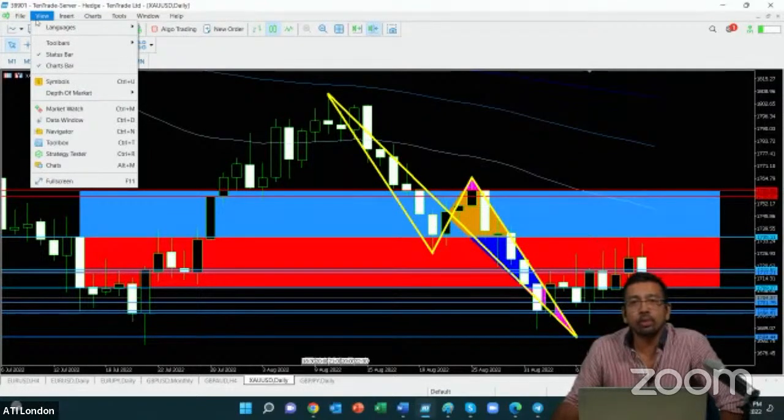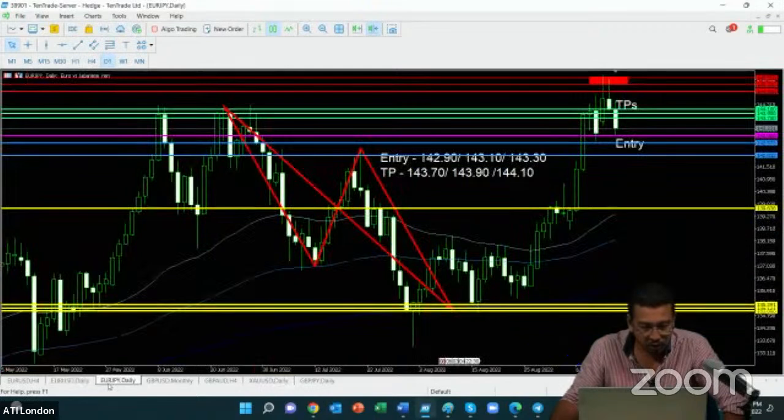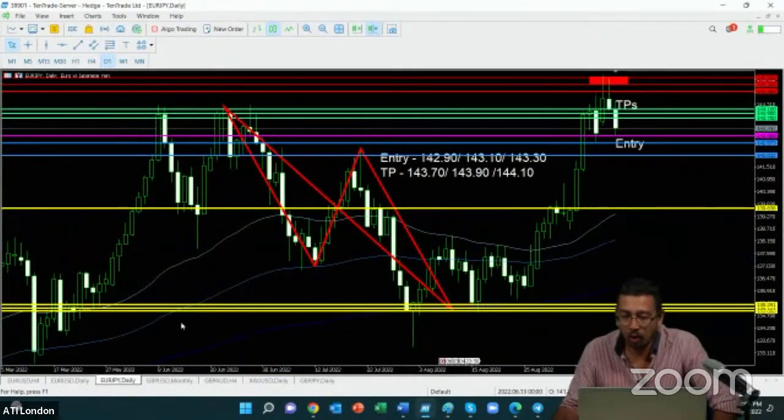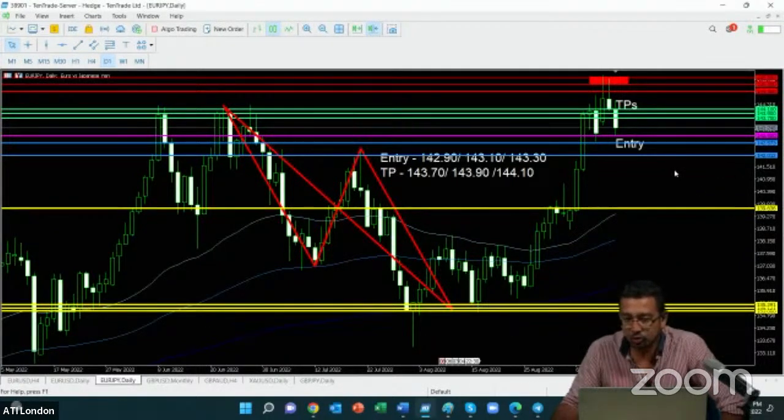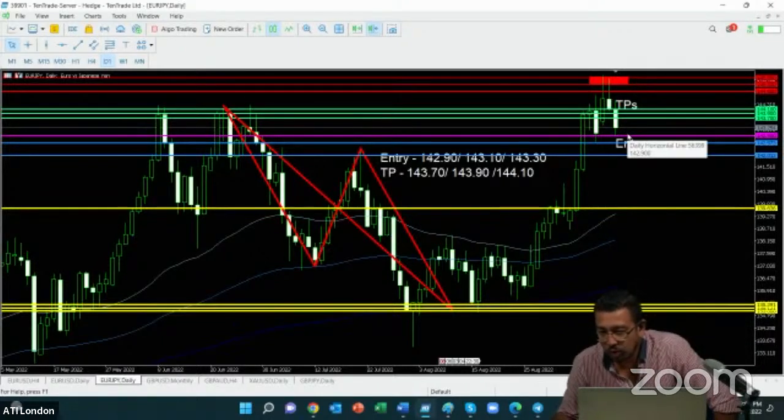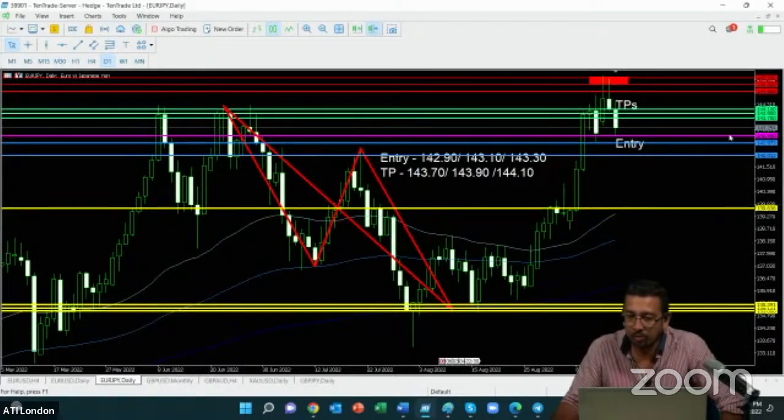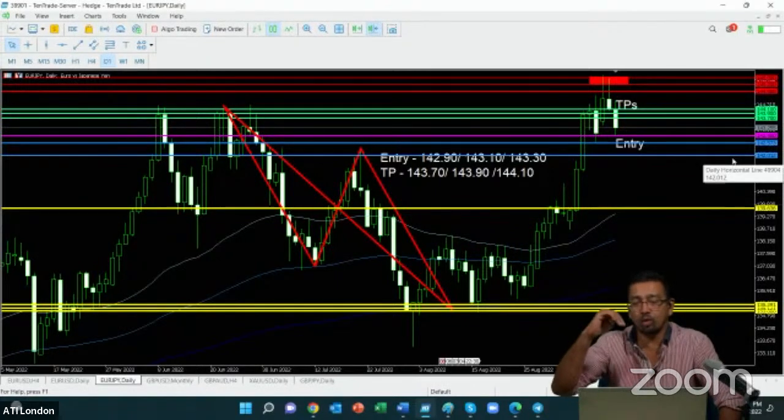Exact entry, TP and SL of Euro JPY and GBP AUD. Yes, of course. Let's take a look at Euro JPY first before we take a look at GBP AUD. Now, for Euro JPY, we are looking at the potential for a downward type movement, right? So I think it's probably best for us to wait for a downward type movement.